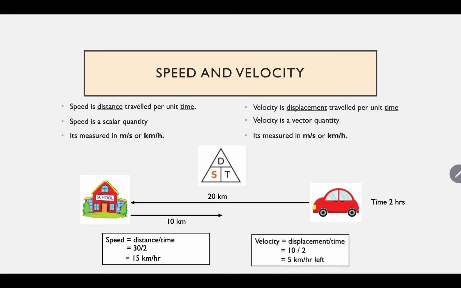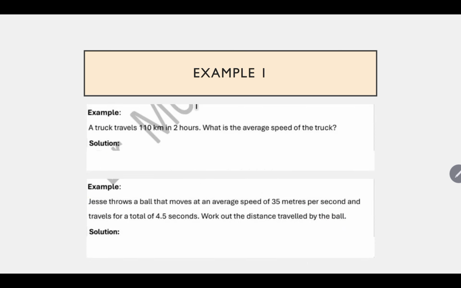Velocity is displacement over time, which was 10 kilometers to the left over 2, giving me 5 kilometers per hour to the left.